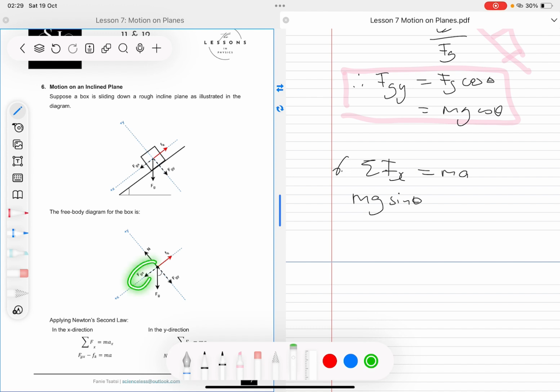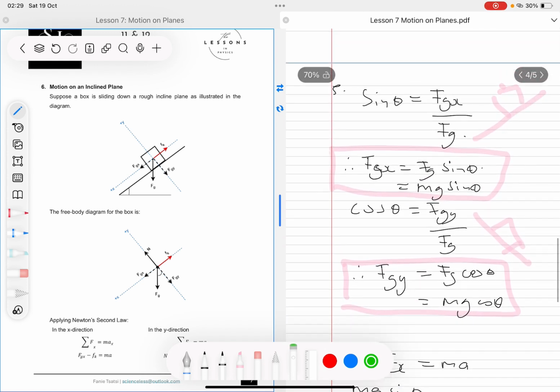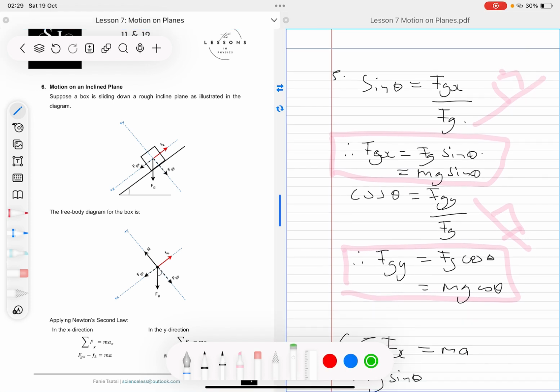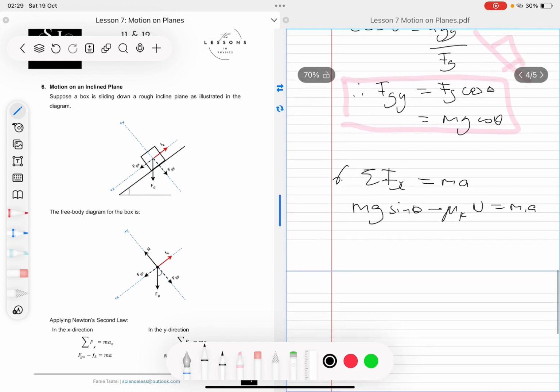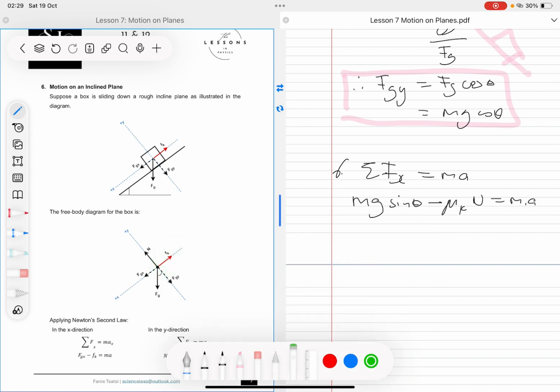Because it's this force here, going in the positive direction, because we said x is positive according to our reference frame there. And remember, I just said now that the x component will always be mg sine theta. So that is our Fg, and I'm subtracting from that the kinetic frictional force, which is mu k times the normal force, equals mass times acceleration, right? I'm subtracting this force because it's going in the negative direction.